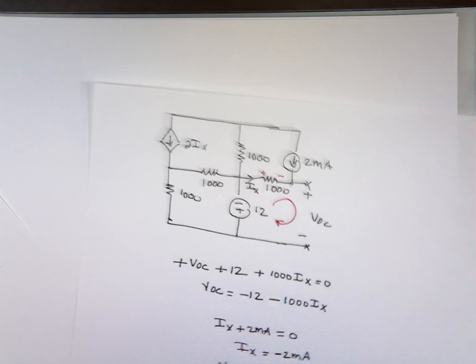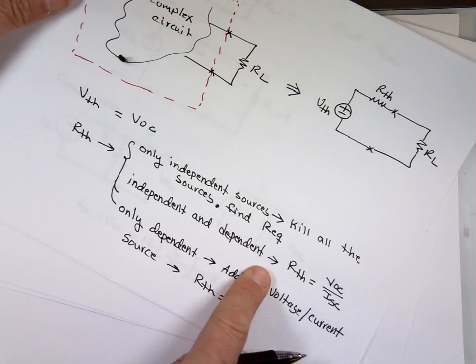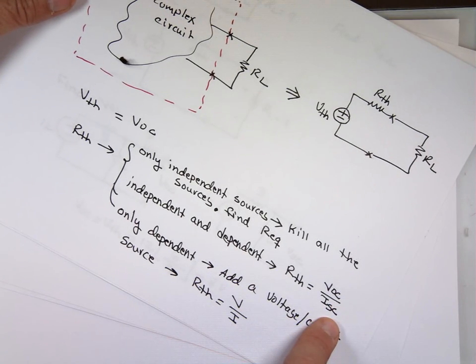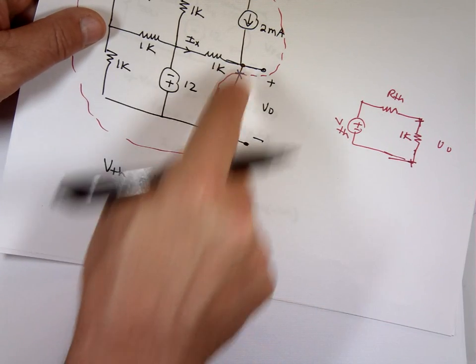So what's R Thevenin? When you have independent and dependent sources, based on my notes, it's V open circuit over I short circuit. So I need to find I short circuit next. And what's I short circuit? We take a wire and attach it right there and calculate the current going through it.